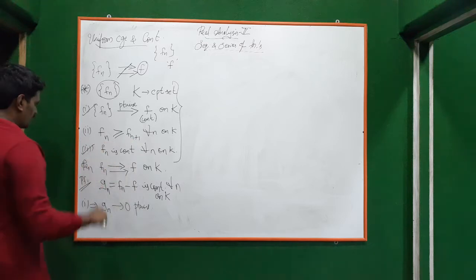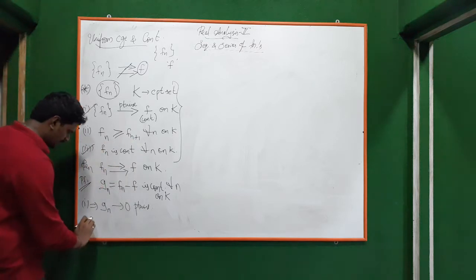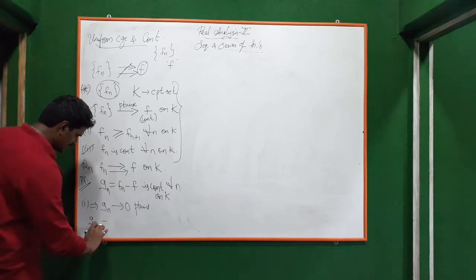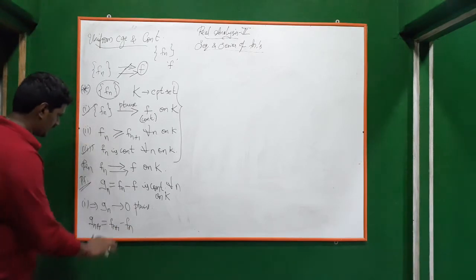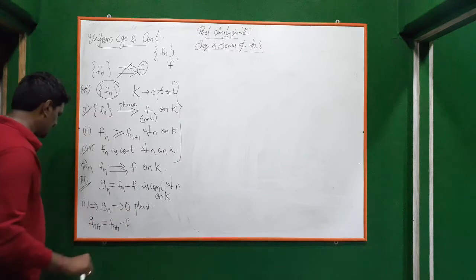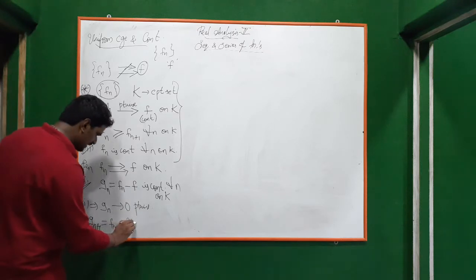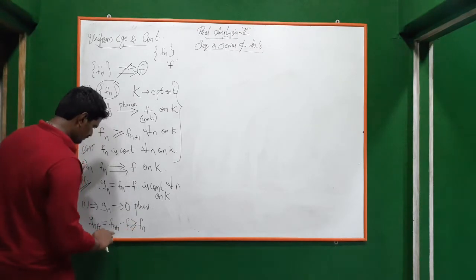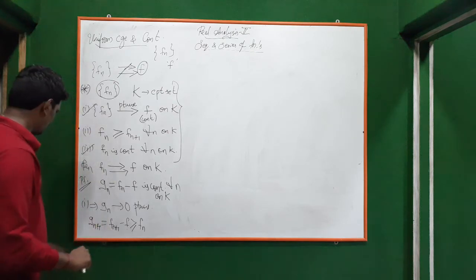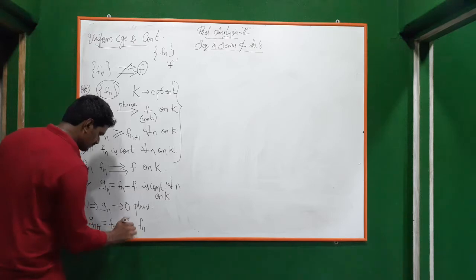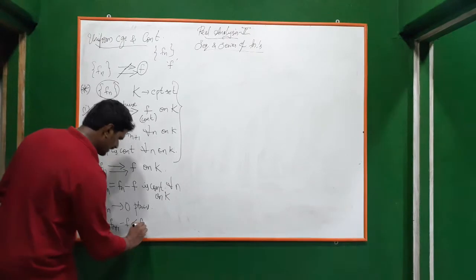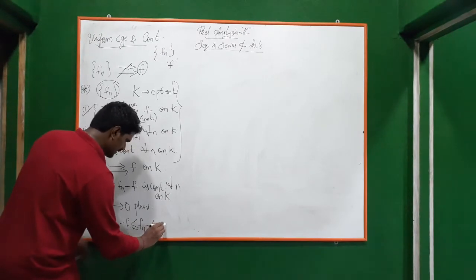And what about the decreasing condition? Consider Gn plus 1, which is fn plus 1 minus f. Since fn plus 1 is less than or equal to fn, this is less than or equal to fn minus f, which is Gn.